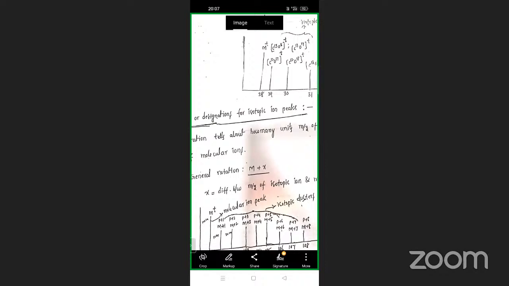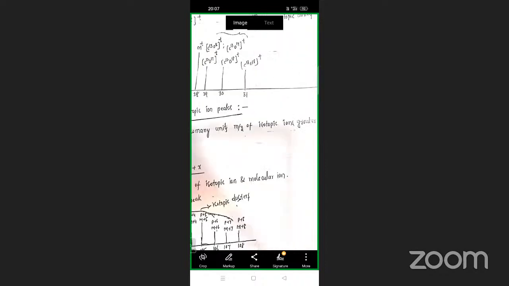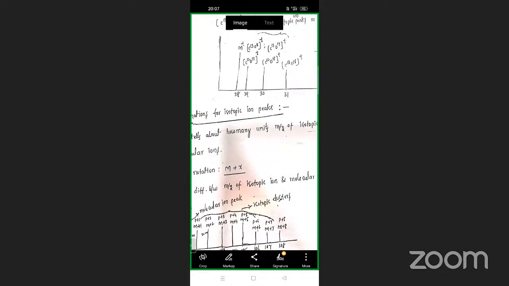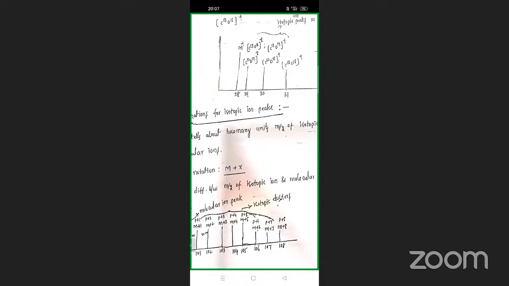For example, if you take chlorine, chlorine 35 is the molecular ion m/z value, and chlorine 37 is the isotopic mass. So the difference is 2 mass units here.